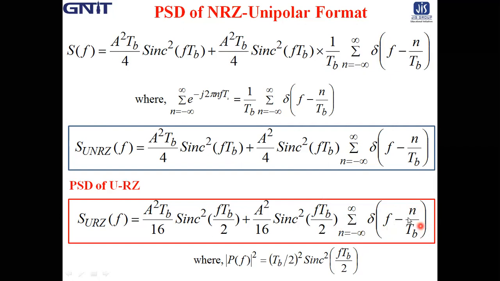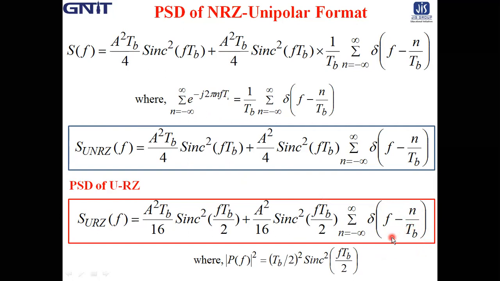And remember that here it should not be TB/2, because it actually comes from the e^ power term, which comes from the Fourier transform. So please note that this should be TB, not TB/2. Okay, so this term is the delta function δ(f - n/TB).